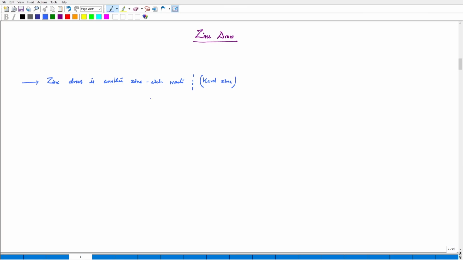It is forming at the bottom of the kettle. Which kettle are we talking of? Of course, we are talking of the galvanization, hot dip galvanization kettle.